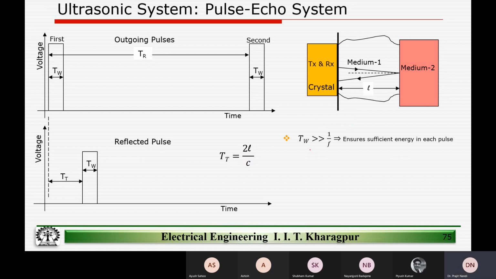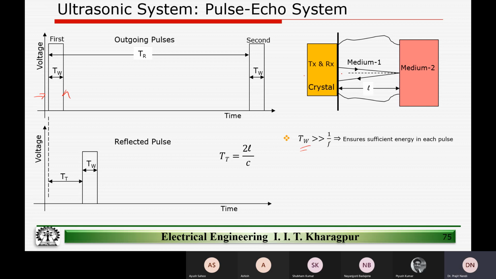We need to ensure a few things so that this is not messed up. The first thing is that TW, the width of the pulse that we are feeding to the crystal, is much greater than 1 by f.